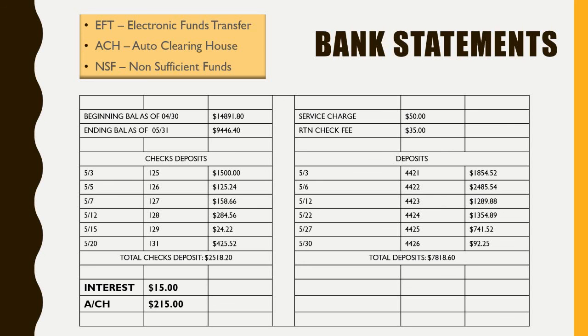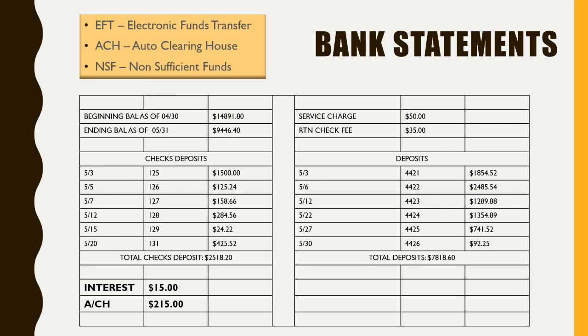When something clears, usually it's a convenience charge, because of the convenience of using electronic funds transfer to move money from one account to another, the bank can charge the customer for the convenience of sending money electronically. And that's what an automated clearinghouse is, okay?